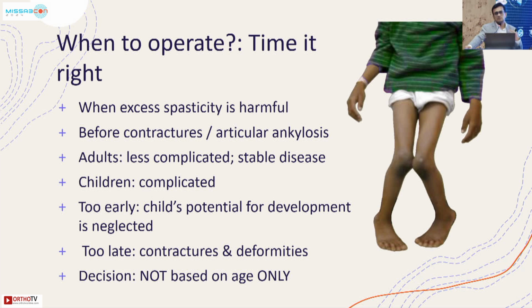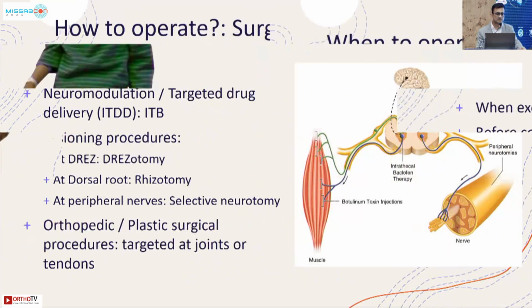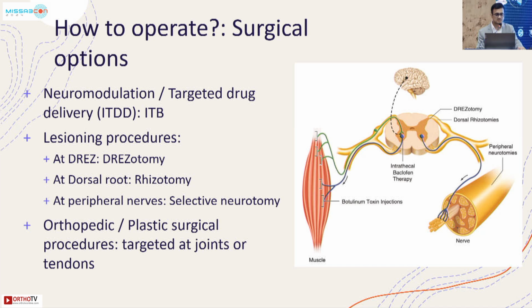And if it is done too late, it would already have caused a significant amount of deformities and permanent contractures. So in pediatric patients, it is very important to do the surgery at the correct time. It is not based on age alone; there are many factors which have to be taken care of when the decision is made.